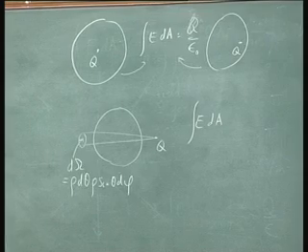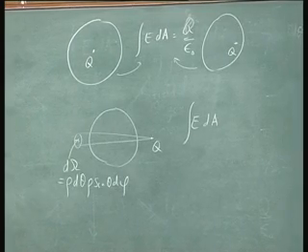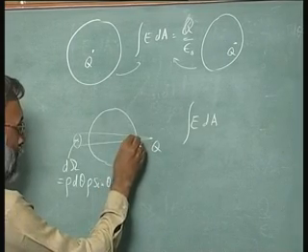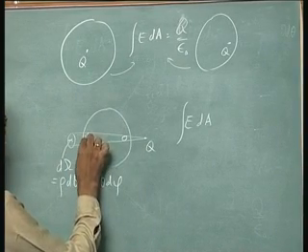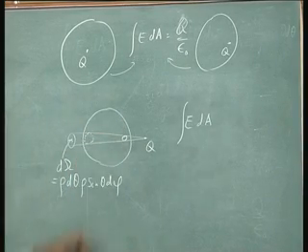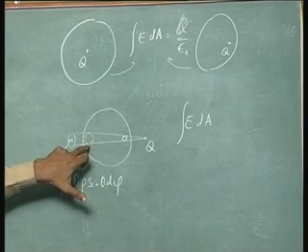All right. Now, this cone punctures the sphere at 2 points. There is a point where it enters and a point where it leaves.